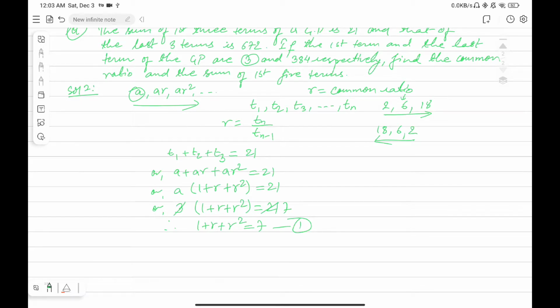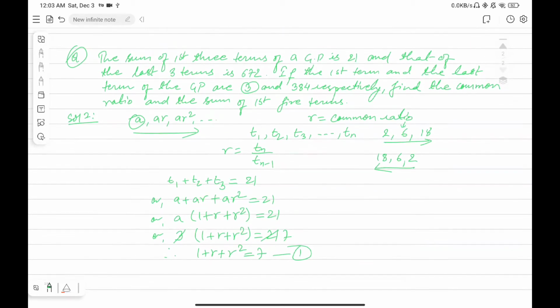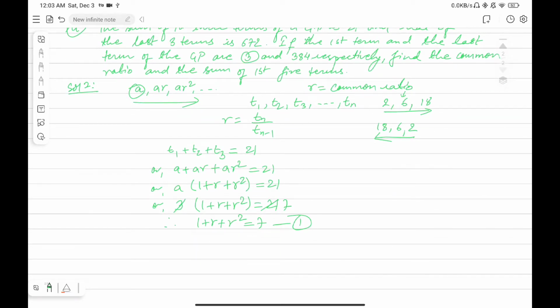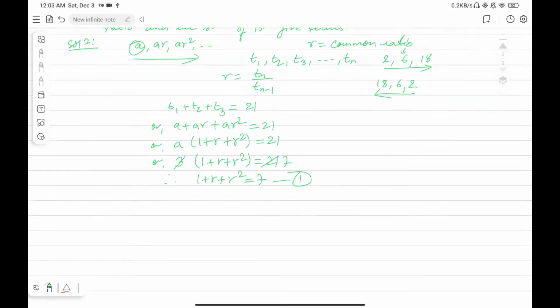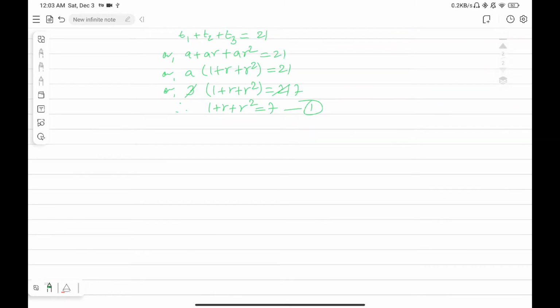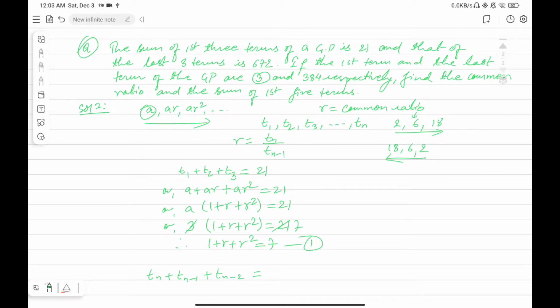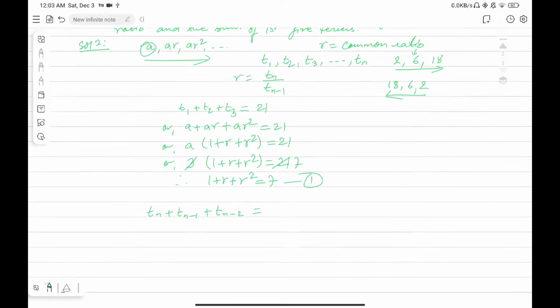Now there is another part to the question: the sum of the last three terms. The question has given us the last term, which is 384. The last three terms means Tn plus Tn minus 1 plus Tn minus 2, which is given as 672.